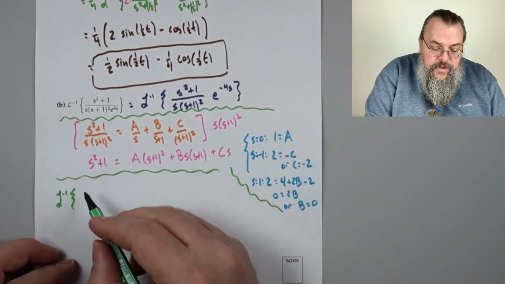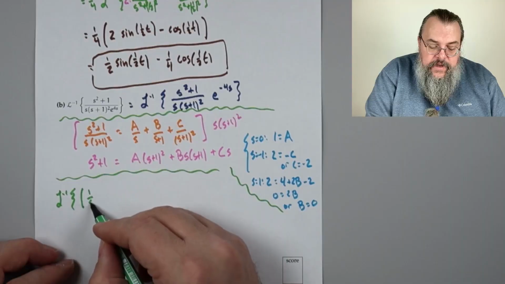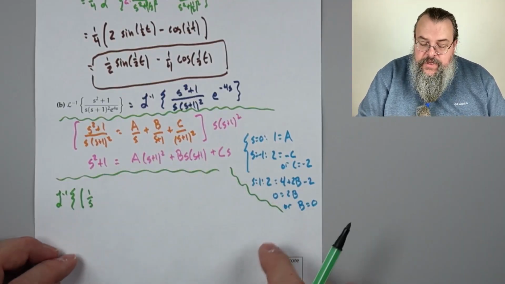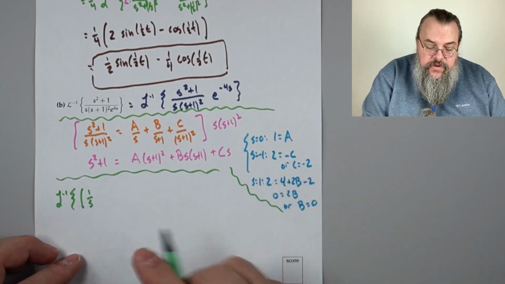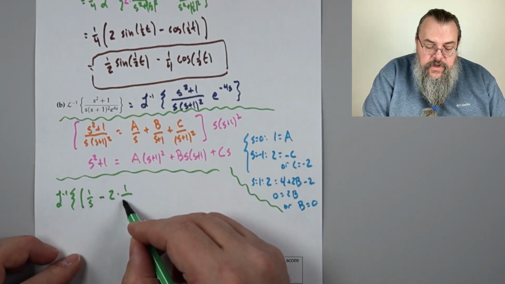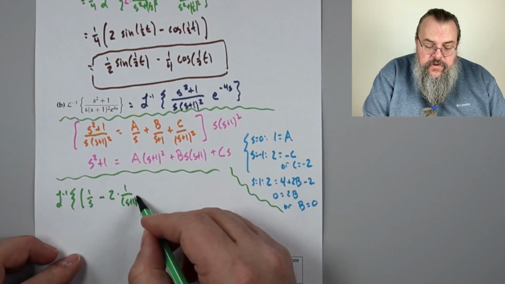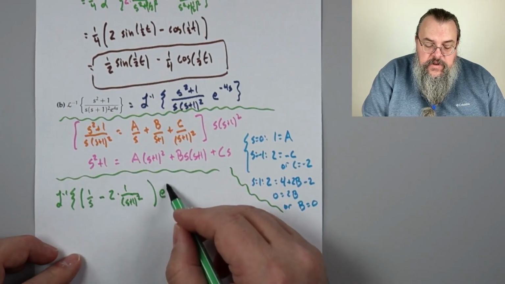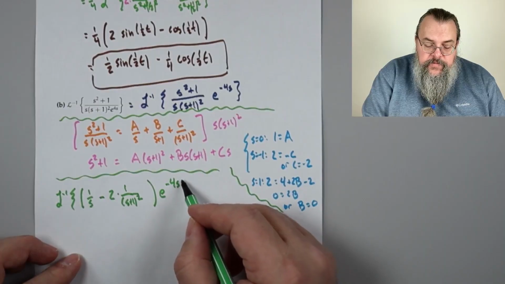So a is 1, so 1 over s. B is 0, so nothing over s plus 1. And then c is minus 2, so minus 2 times 1 over s plus 1 squared. And then all that times e to the minus 4s.